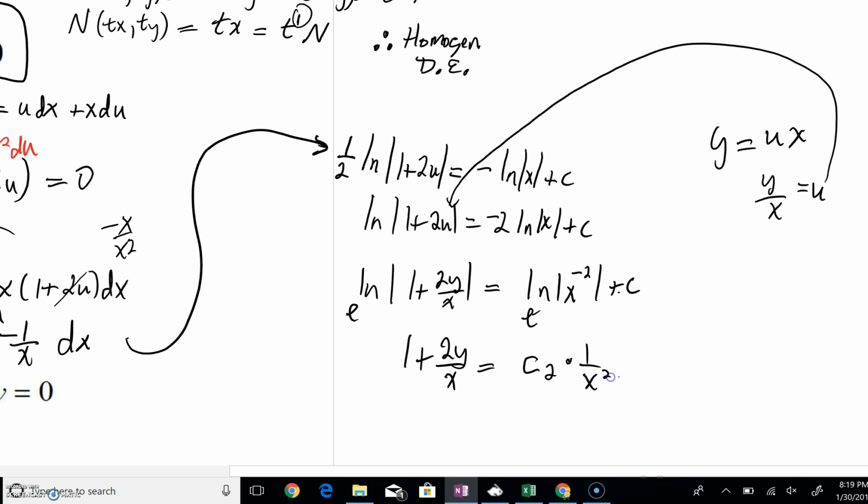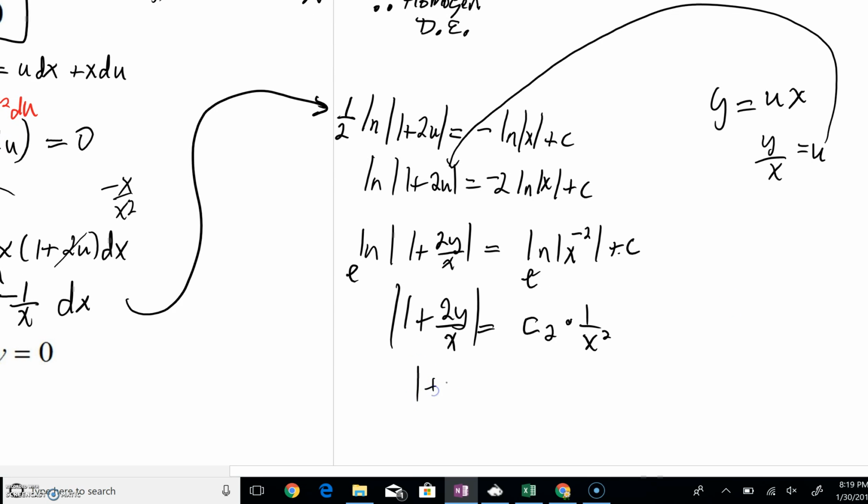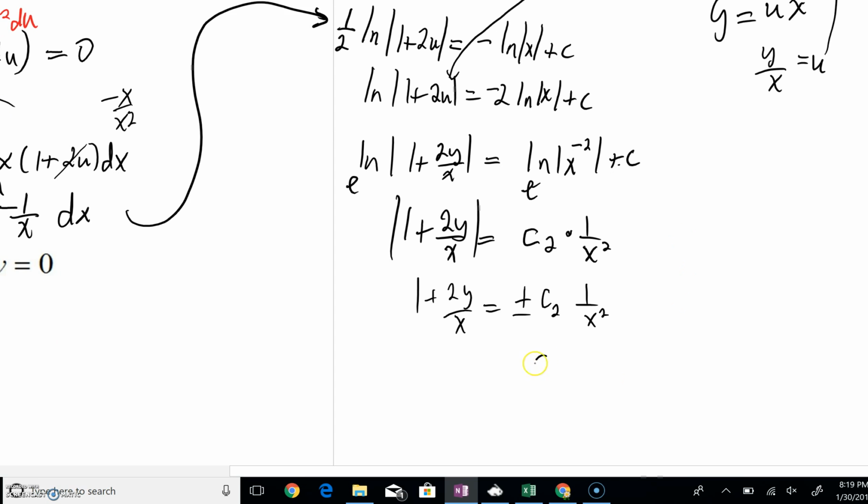I hope you can see we're going to come up with this. By the way, forgive me, I forgot some absolute value on the left. We're going to very quickly get rid of the absolute value and get a plus minus over here, but a plus or a minus, a constant, is really just a constant itself.